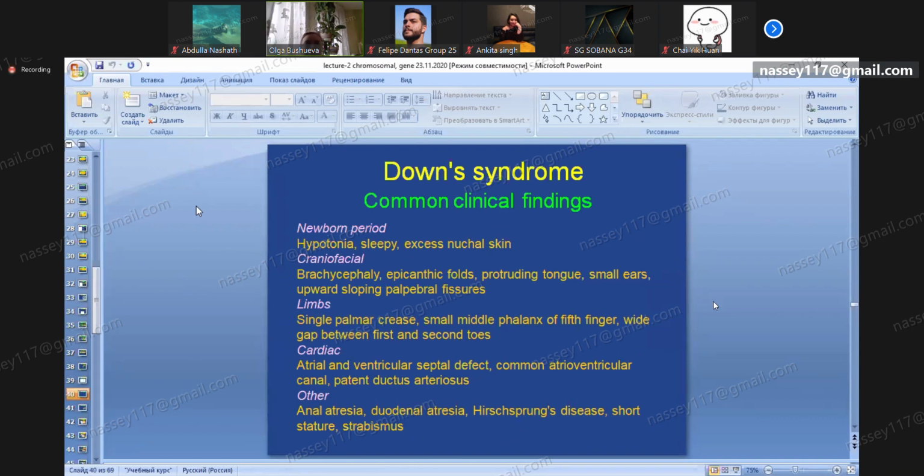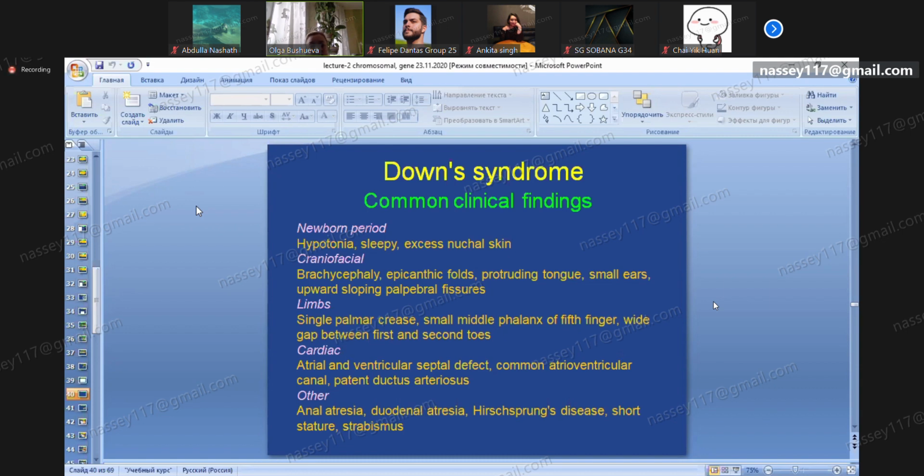What are the main clinical features of Down syndrome? In the newborn period, we can see hypotonia, excess nuchal skin, different craniofacial abnormalities such as brachycephaly, epicanthic folds, protruding tongue, small ears, upward sloping palpebral fissures, single palmar crease, small middle phalanx of the fifth finger, wide gap between the first and second toes, atrial and ventricular septal defects, common atrioventricular canal, patent ductus arteriosus.